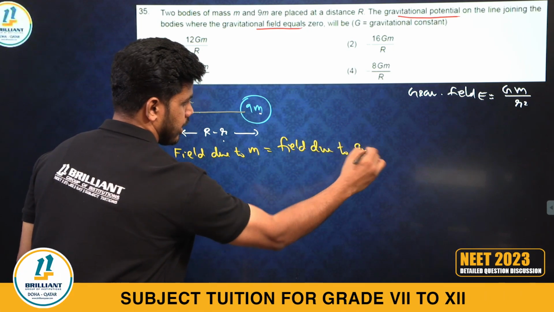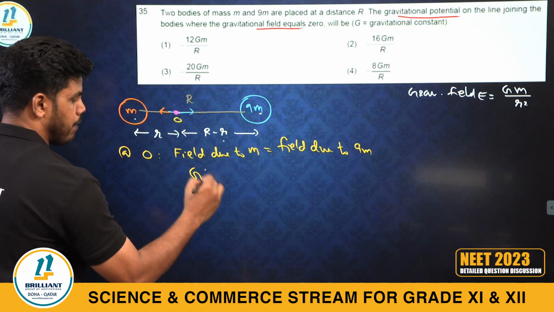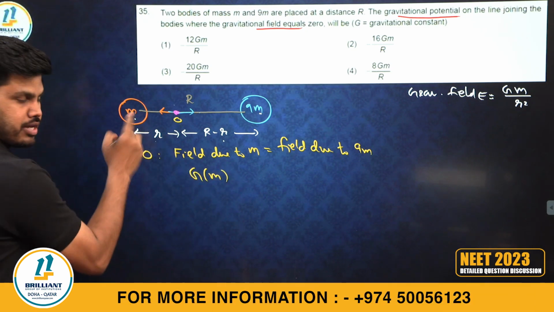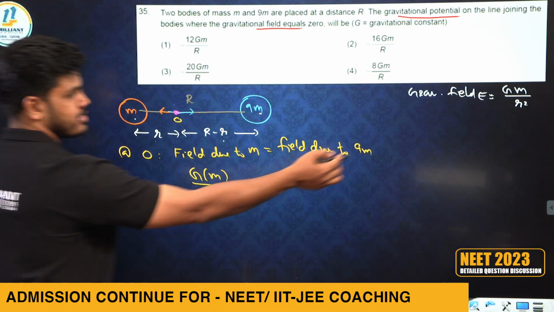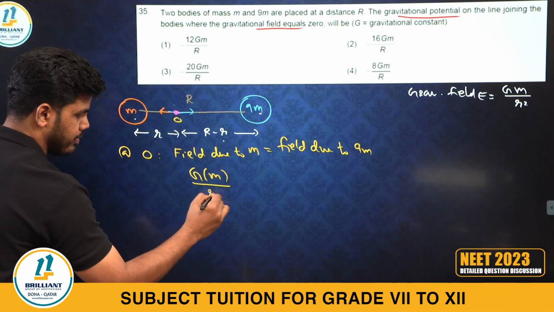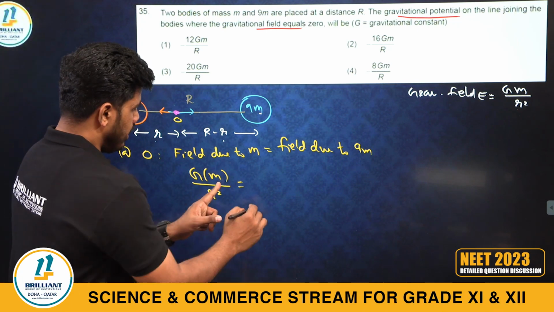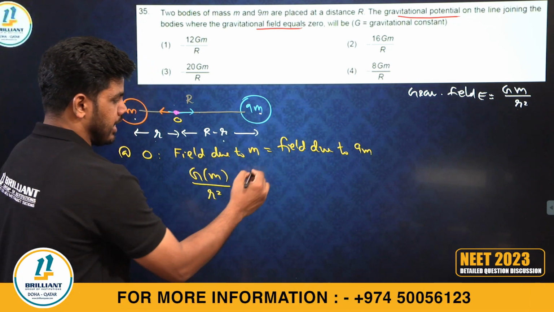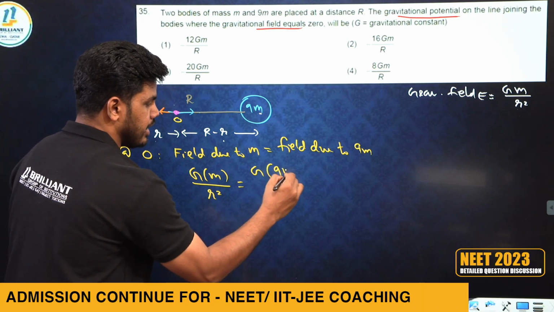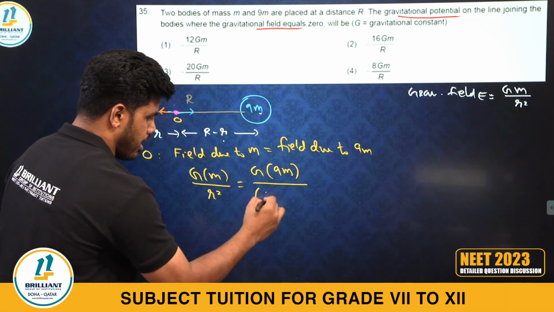Using the equation, G into m, the mass of the first body, divided by distance r square, because the distance to the point O was r, is equal to the second mass, G into 9m, divided by the distance R minus r the whole square.